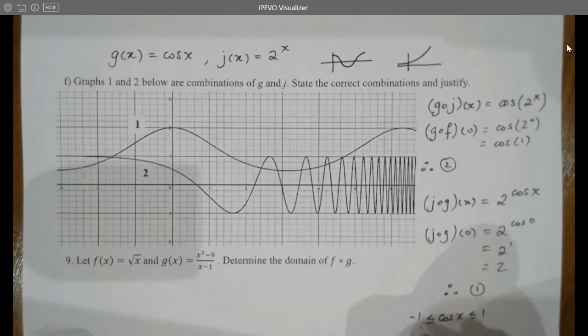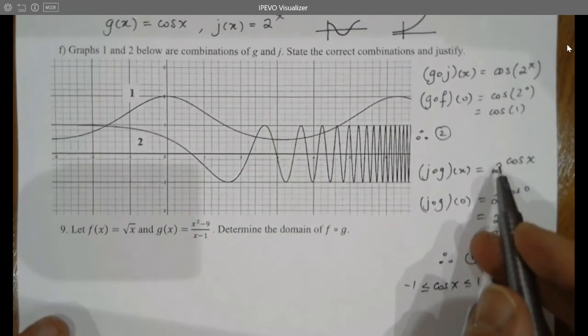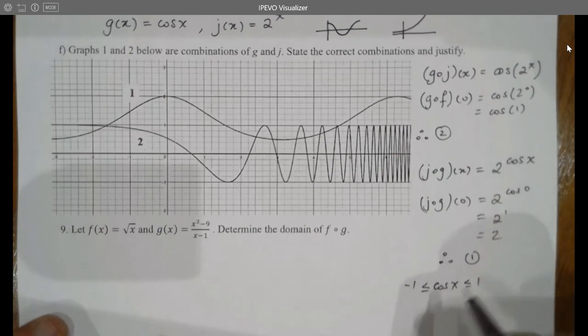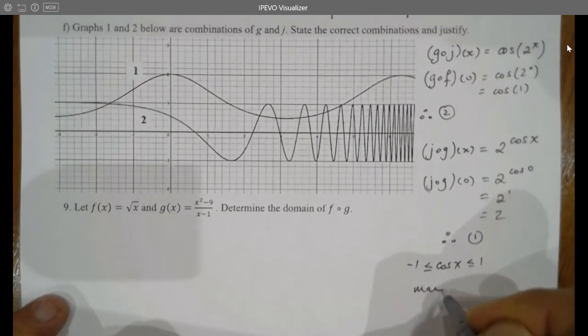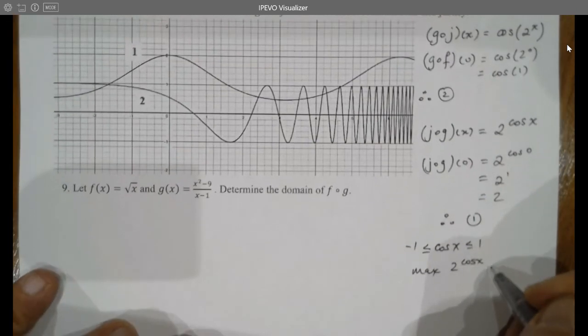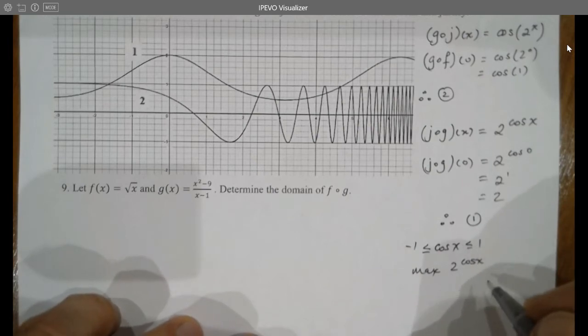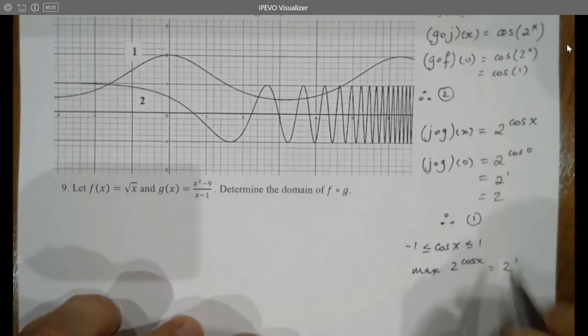Okay? And so the maximum possible value that this function is going to have, the max of 2 to the cos x, is going to be equal to, at most, 2 to the 1, because that's the maximum value cos x can have.